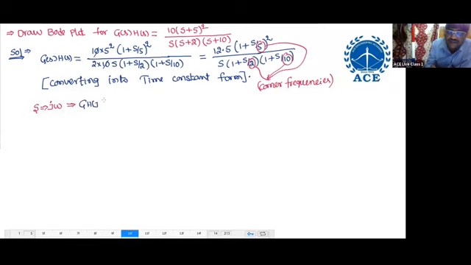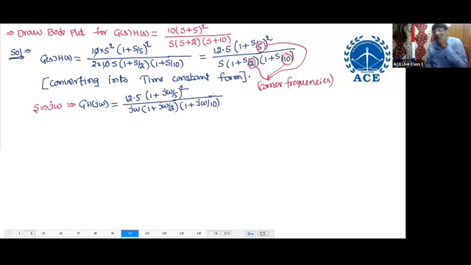Tell. 12.5 into (1 plus j omega by 5) whole square divided by j omega into (1 plus j omega by 2) into (1 plus j omega by 10). That's all. Now write the magnitude for this. What is the magnitude? Tell.